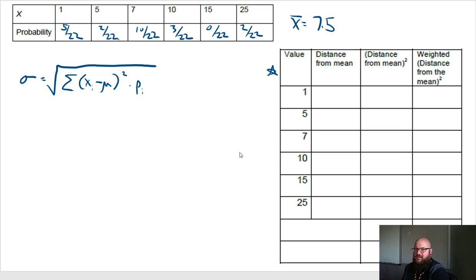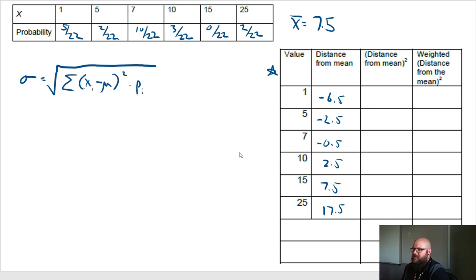So we're going to do that for each one of these and make this work in this table. For these, I'm going to list out the distance from the mean. So we're taking 1 minus 7.5, which should give you negative 6.5. Then 5 minus 7.5 gives you negative 2.5. Then 7 minus 7.5, so negative 0.5. Taking 10 minus 7.5, you're getting 2.5. We're taking 15 minus 7.5, which gives you 7.5, and then 25 minus 7.5 gives you 17.5.